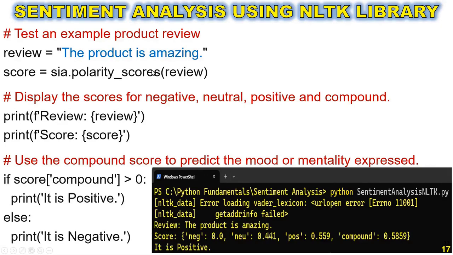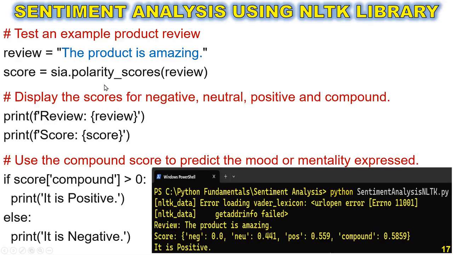We store it in the variable review, and then we call the method polarity_scores and pass the variable review as the argument. It will return a level of confidence, like a score, that contains the three sentiments: negative, neutral, and positive.